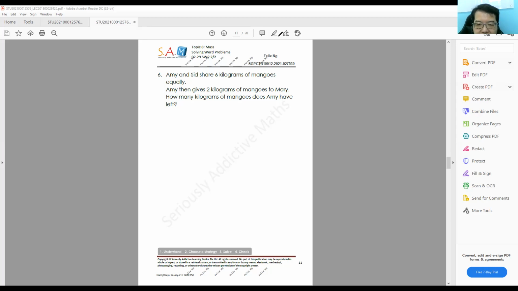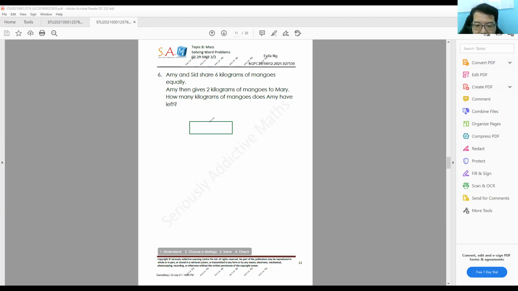Amy and Sid shared 6 kilograms of mangoes equally, right? Now, Amy and Sid, how many people are there? 2. Good, 2, right? So let's draw Amy and Sid. Amy and Sid are 2 persons, right?